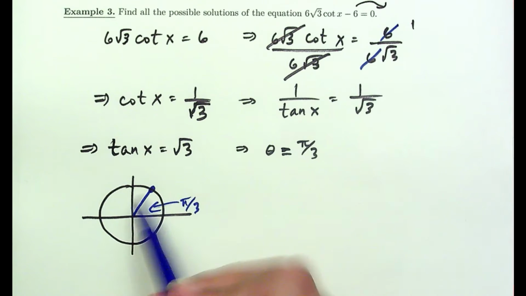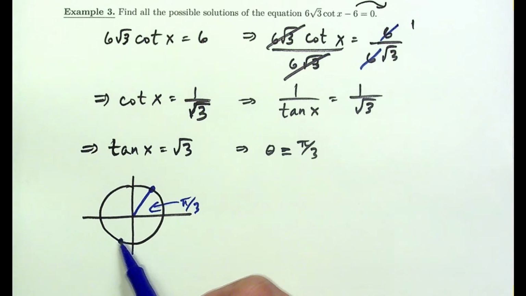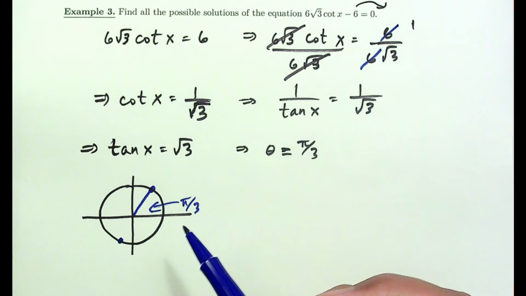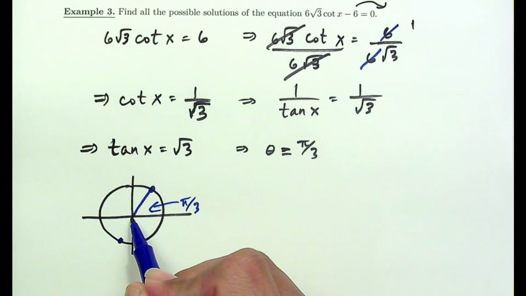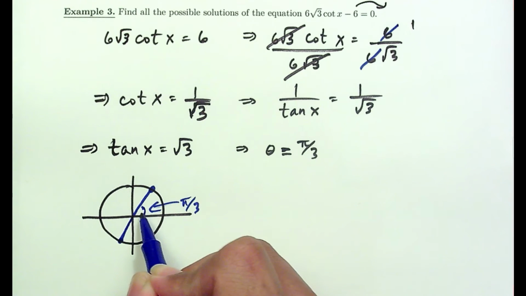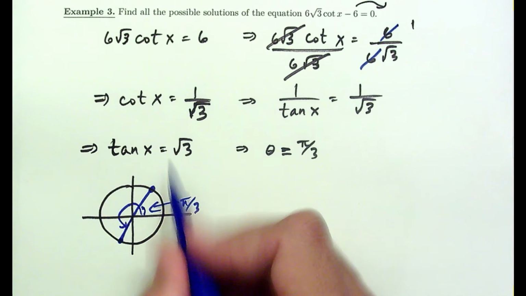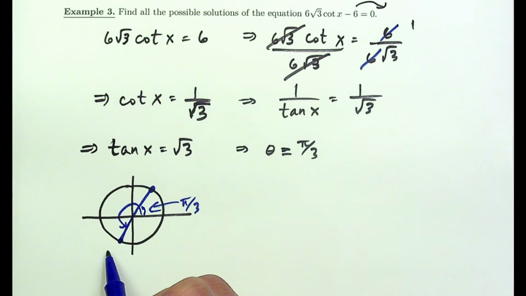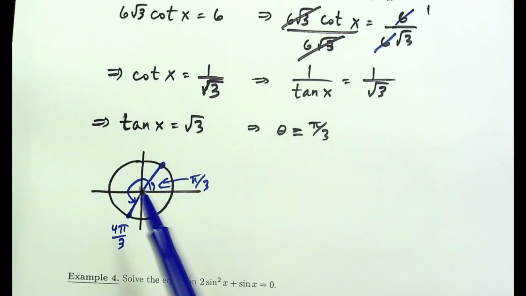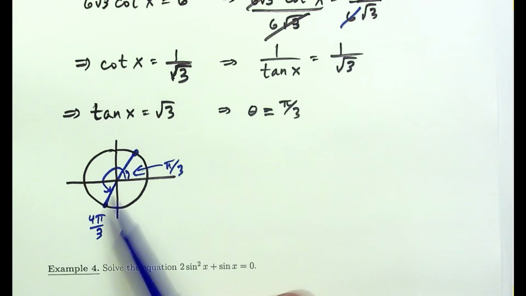So if that's one angle, the other one is actually over here. Why? Because this point right here has exactly the same coordinates, but both negative. So when you divide, you're going to get the same value. So if this one is pi over 3, this other one is just 4 pi over 3. Note that it's just, as I said, the other angle you obtain by adding pi.